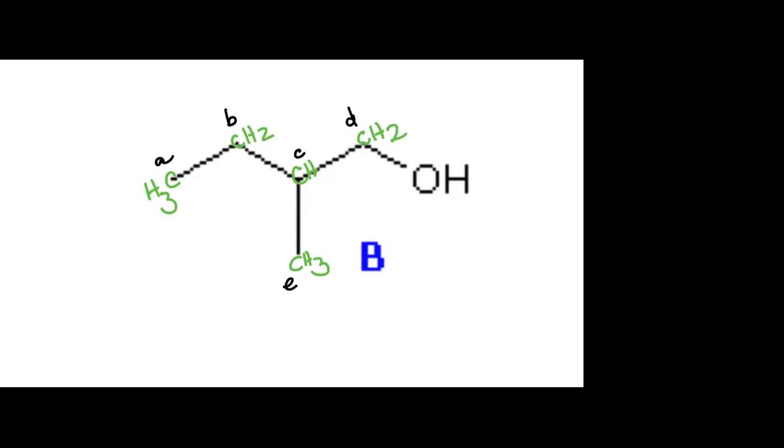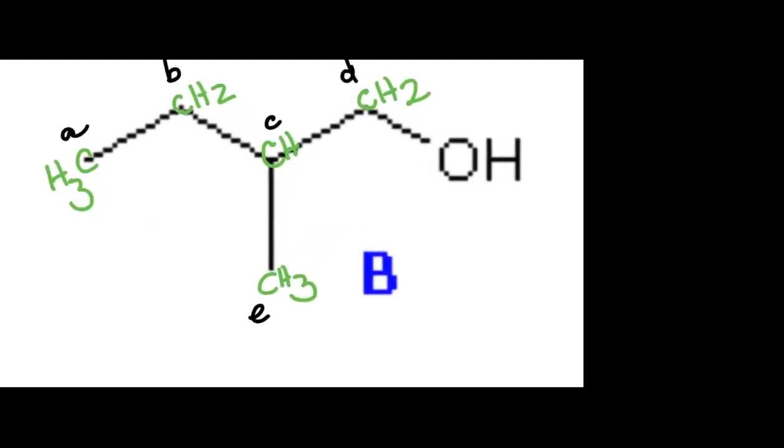Let's now investigate carbon C. Carbon C is bonded to this hydrogen, is bonded to this area of the molecule, is bonded to this area of the molecule, and lastly, is bonded to this area of the molecule.